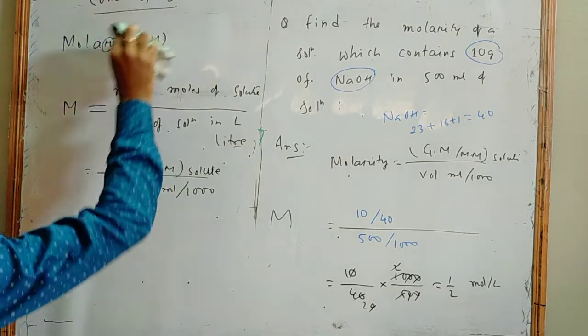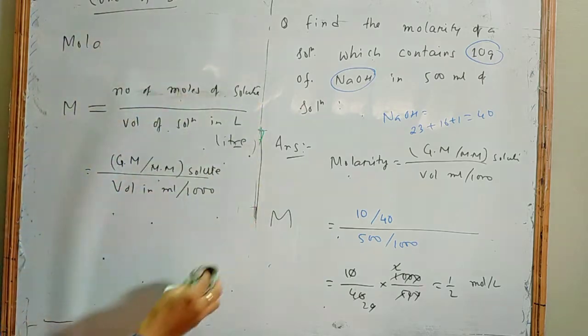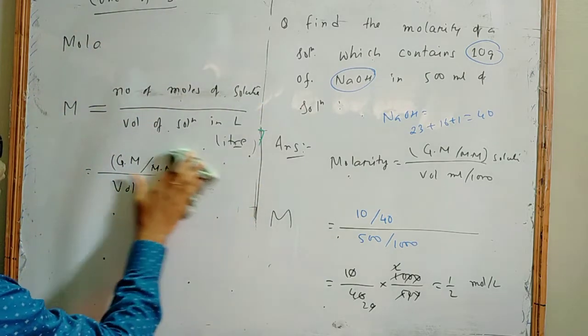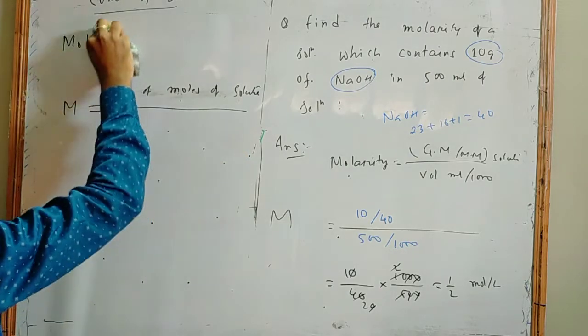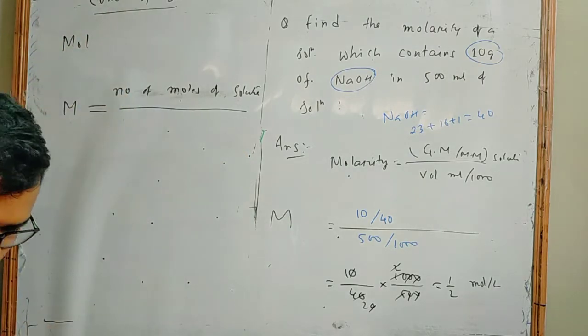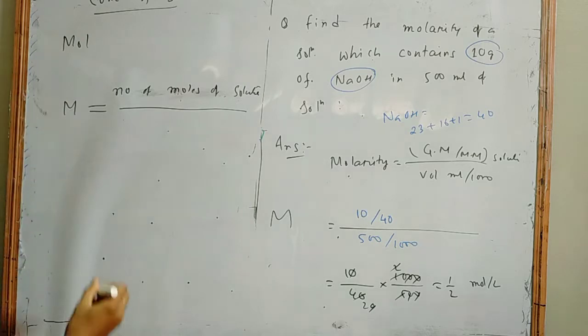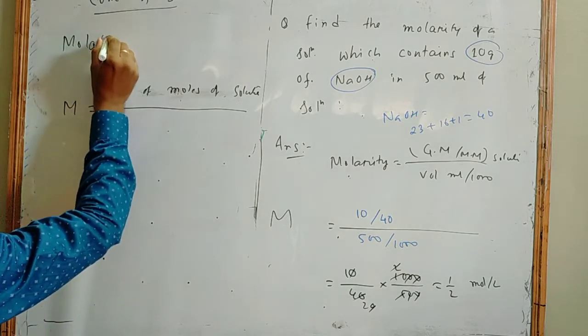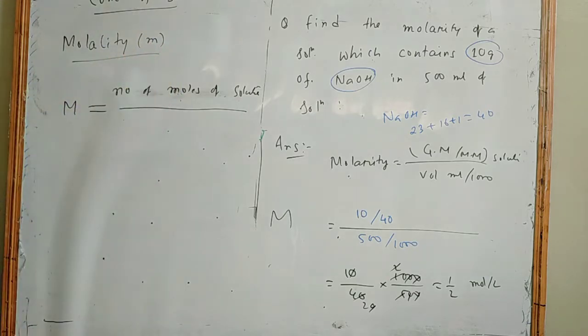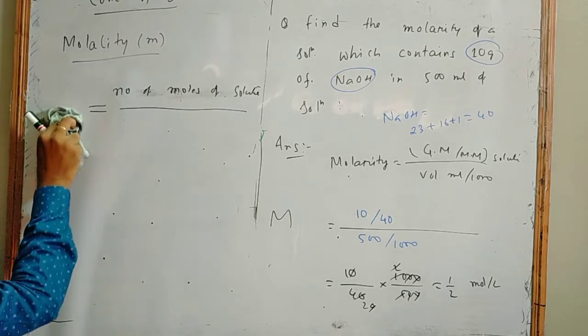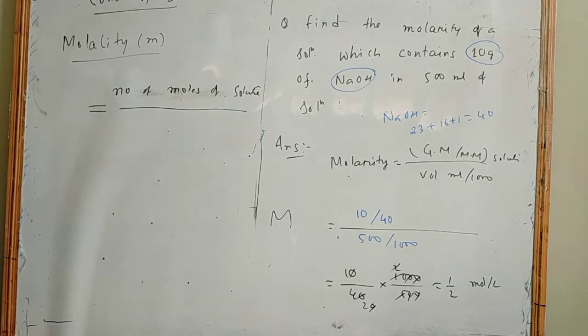Then we have another term. This is called molality, designated by small m. So how to find the molality, that we will do now. So you have to write small m here.